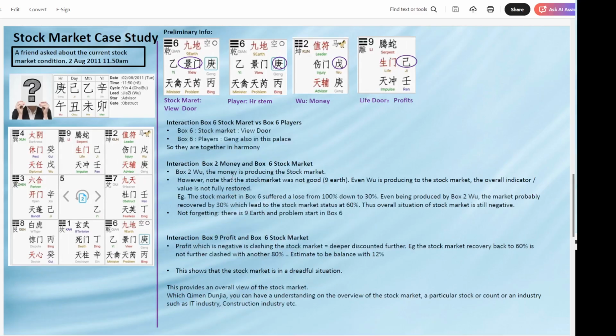In this slide we are going to look at the interactions between these boxes that we have mentioned earlier. First, the interaction between box 6, which is the stock market, and also box 6 representing the players. We have to see if there is anything wrong. In box 6 itself, the stock market is the view door, and we have the players, which is the Geng, in the same box together.